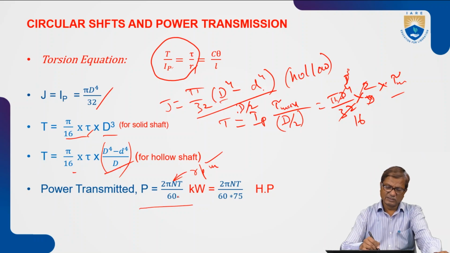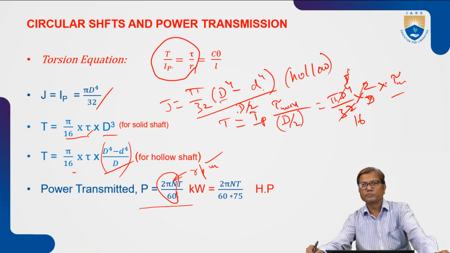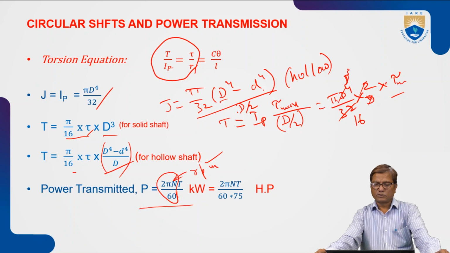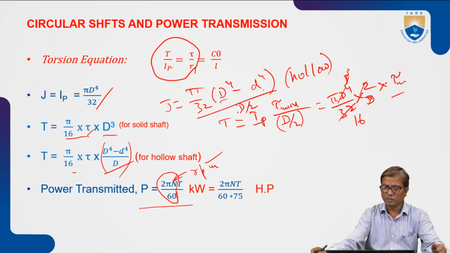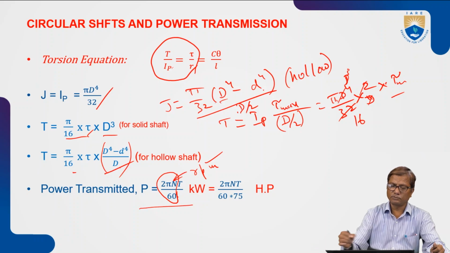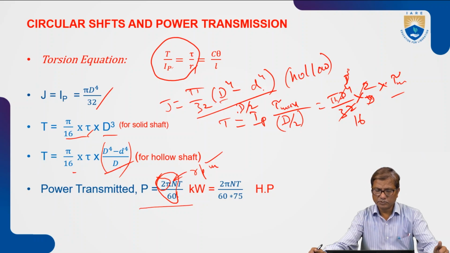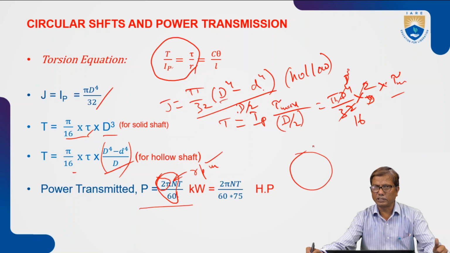So 2 pi N by 60: N is RPM, divided by 60 is RPS, revolutions per second, and one complete revolution is nothing but 2 pi radians. For one revolution, the angular displacement will be 2 pi radians.